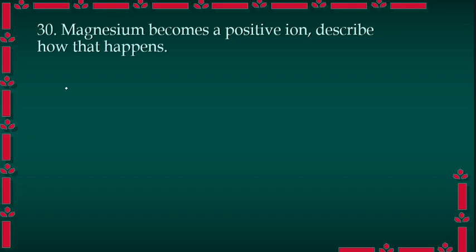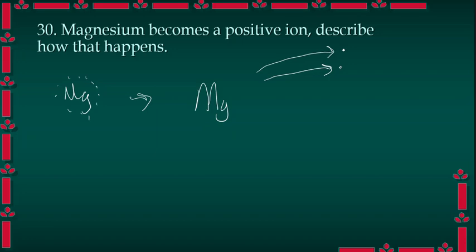Somebody help me with magnesium. How many dots should I have with magnesium? 1, 2, 3, 4, 5, 6, 7, 8, 9, 10, 11, 12. What happens if 2 electrons go away?